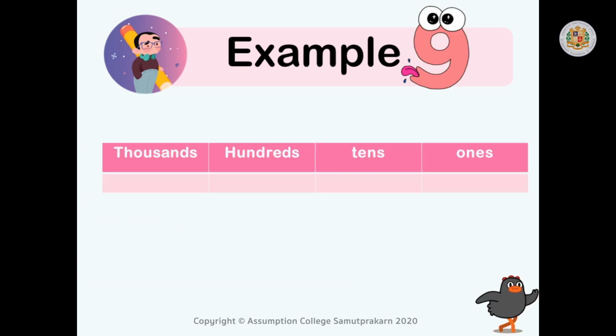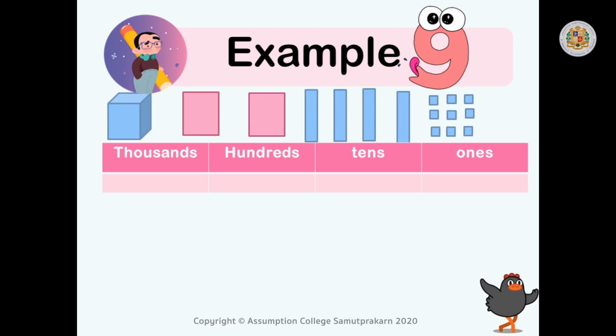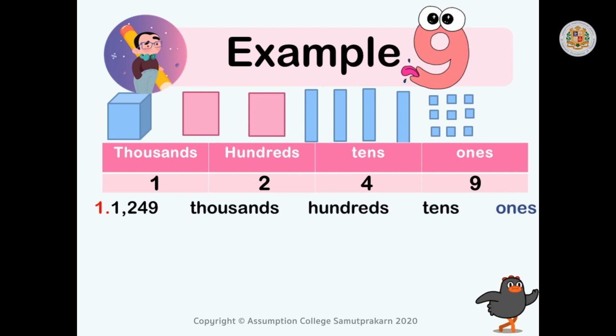Expanded form. Example number 9. Using the block system, write the digit in the table below. 1,200, 4 tenths, 9 ones.